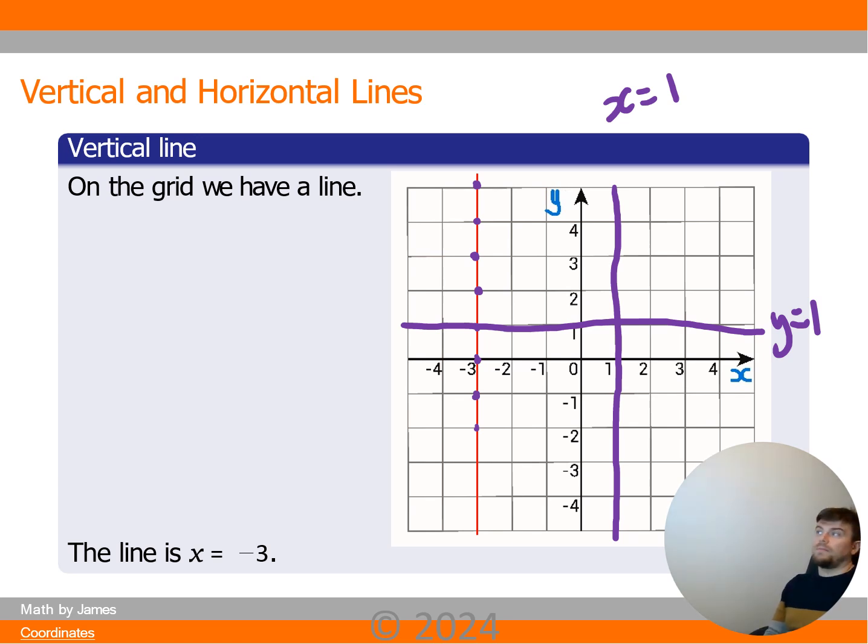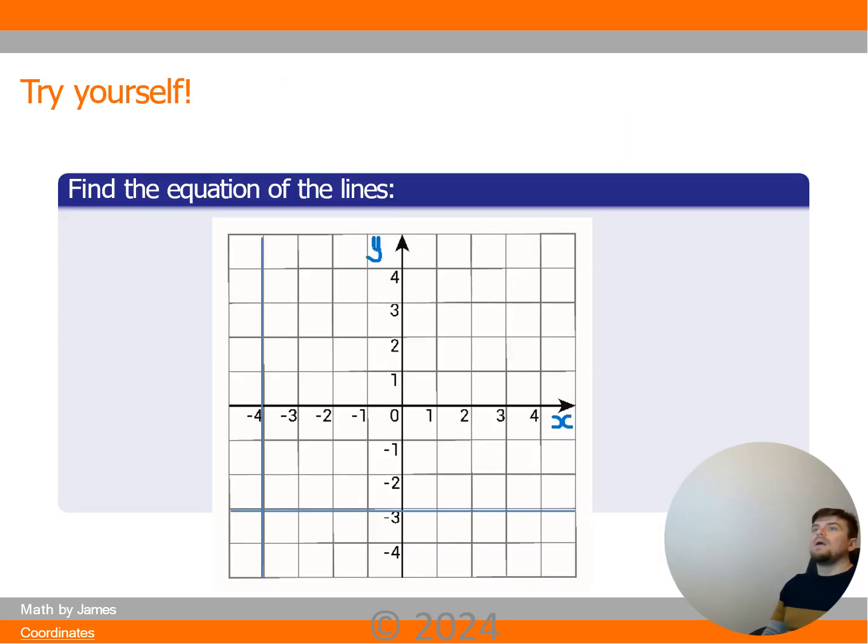Let's have a look at some more examples. If you're not quite understanding this, do reach out to our community. We are here to support you all the way. So, find the equation of lines. So, we need to find the equation of these lines here. As you can see, each of the coordinates for this one is -3.